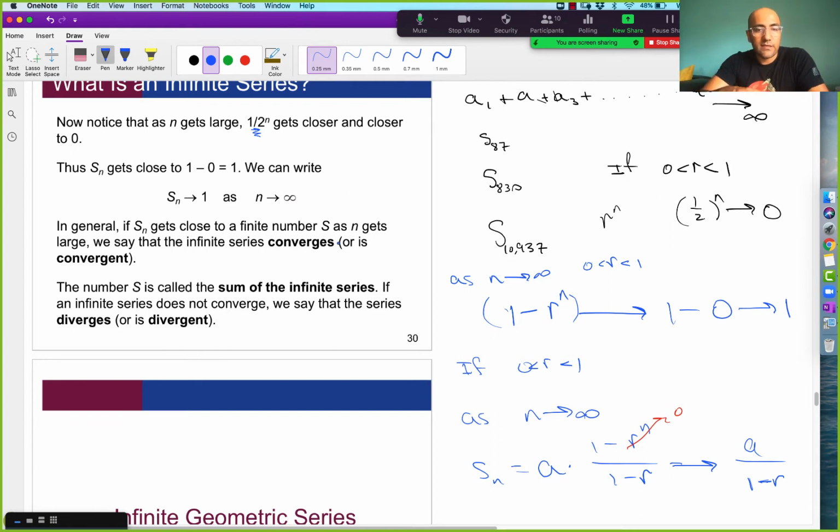And it will exist as long as r is a value between 0 and 1. The number S is called the sum of the infinite series. And if that infinite series does not converge to something, it just blows up and goes toward infinity, then we say that the series diverges.